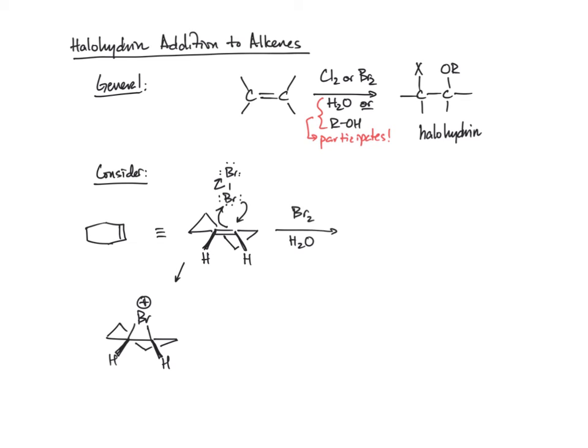So again, because there's so much more solvent in a reaction than the bromide, the solvent is actually going to be the nucleophile at this point. And when that happens, it's approaching from the opposite face in an anti-addition.